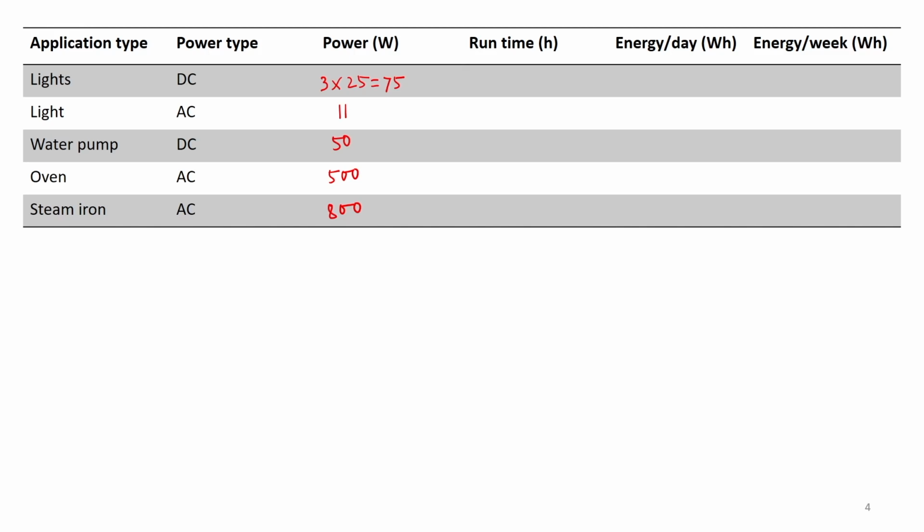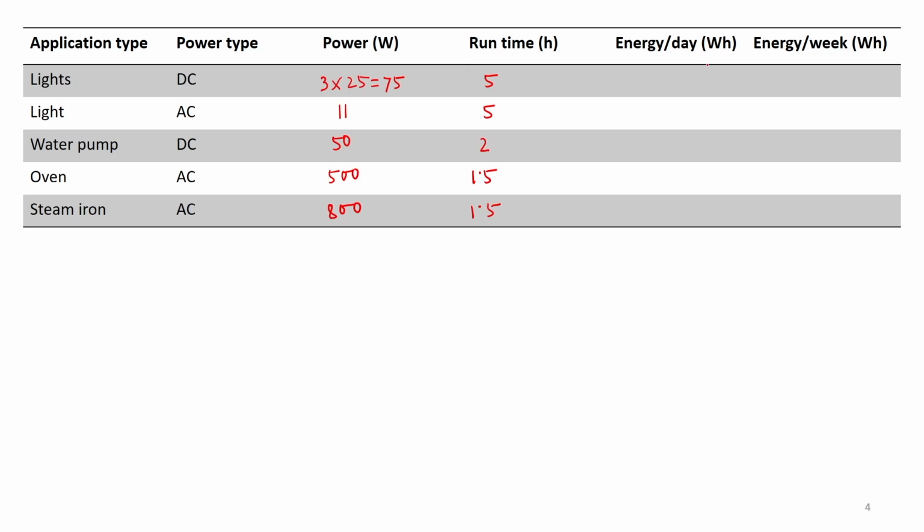Run time is how much? For DC lights it is 5 hours, for the AC light again 5 hours, for the water pump 2 hours, then oven 1.5 and steam iron 1.5.